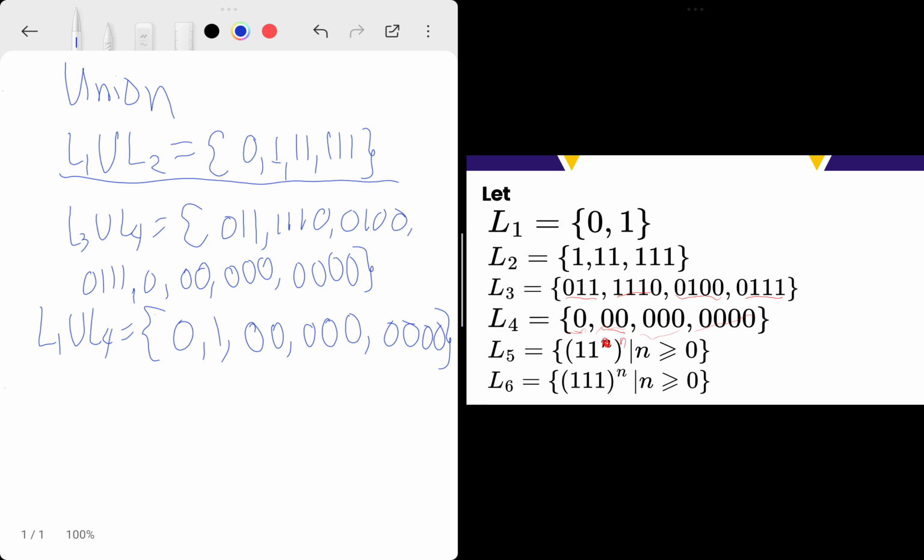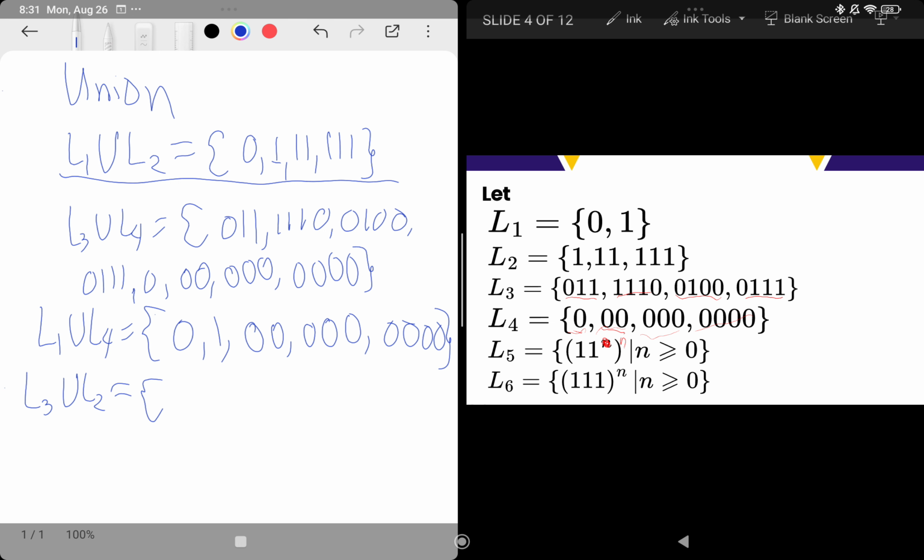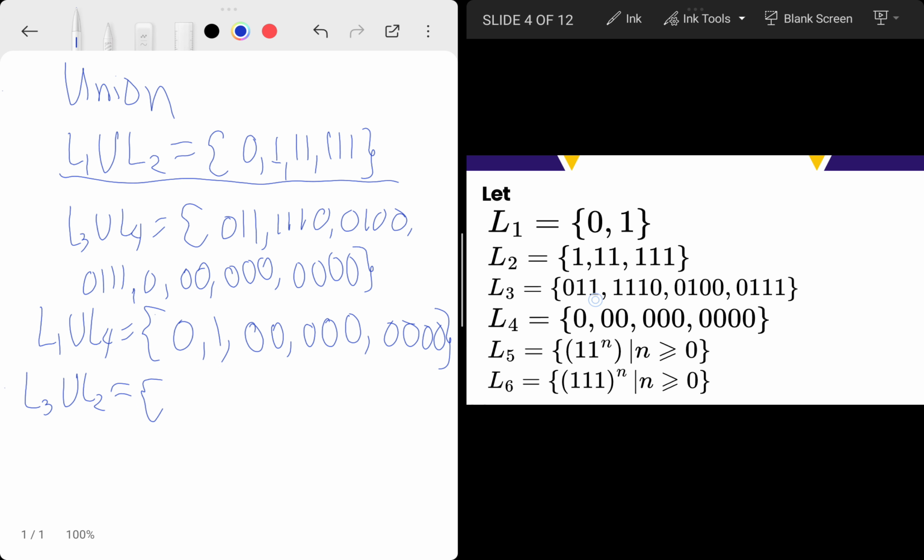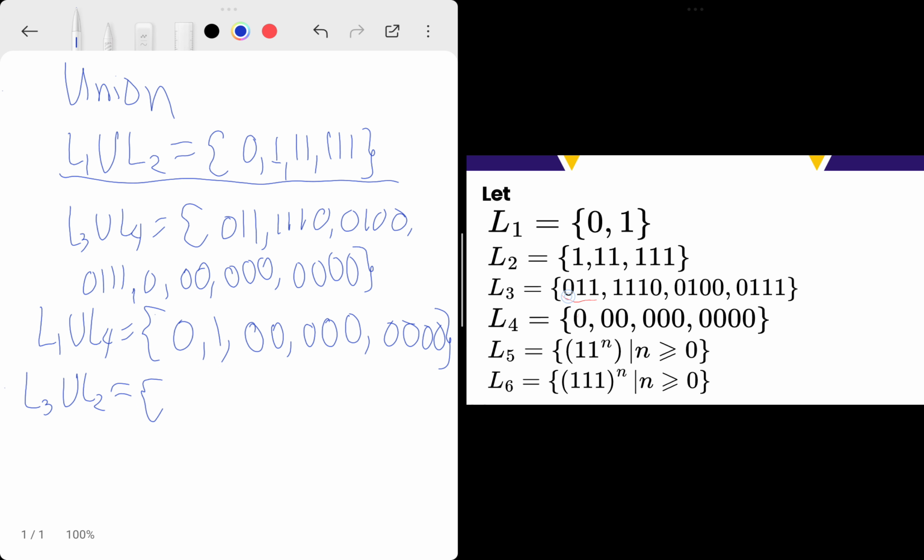Now how about L sub 3 union L sub 2? That will be equal to L sub 3: 0, 1, 1, 1, 1, 1, 0, 0, 1, 0, 0, 0, 1, 1. Then we have here our L sub 2: 1, 1, 1, 1, 1, 1.